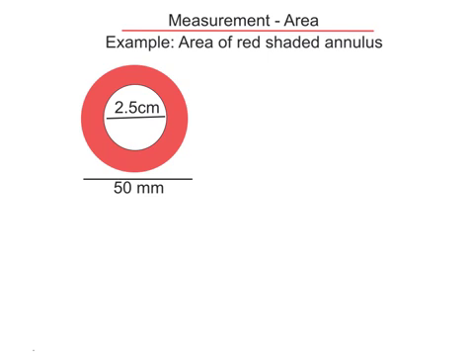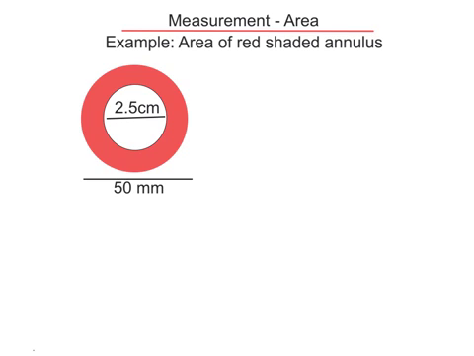To find the area of this red annulus, we need to find out the area of two circles and subtract one from the other, because the middle circle is a hole in the annulus, a bit like a donut. So let's look at the first part.